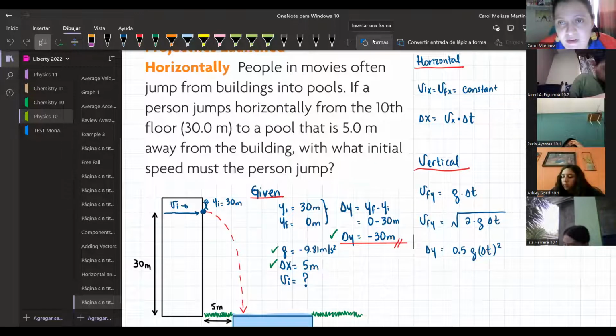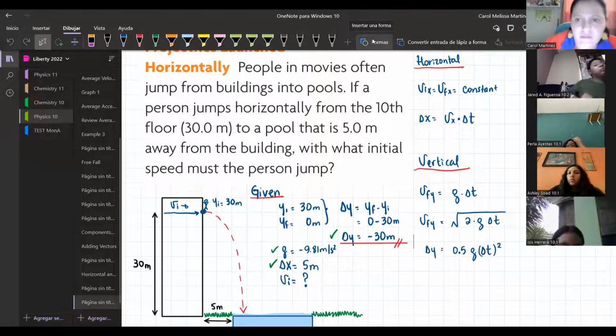From all the formulas that I have, which ones can I use? According to what I have, do I have delta x? Yes. Do I have velocity in x? I don't have it, okay? And I don't have time. So this one I cannot use.